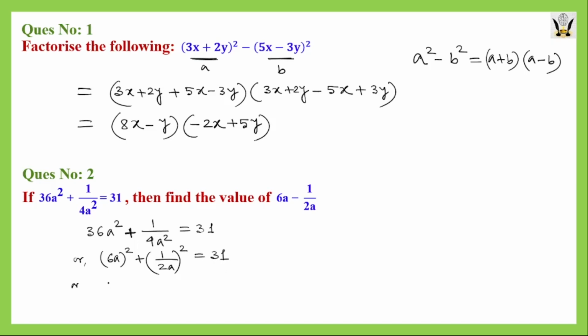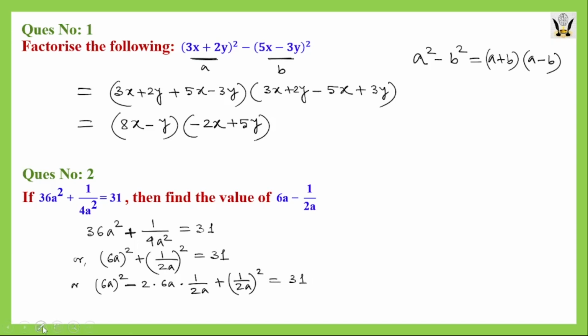This can be rearranged as 6a whole square minus 2 times 6a times 1 by 2a plus 1 by 2a whole square, that will be equal to 31 plus minus something.